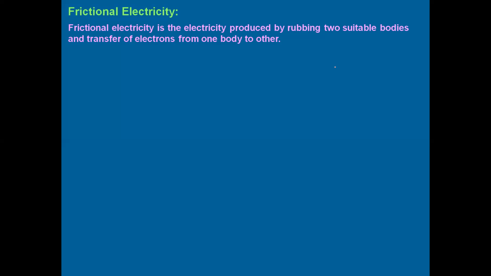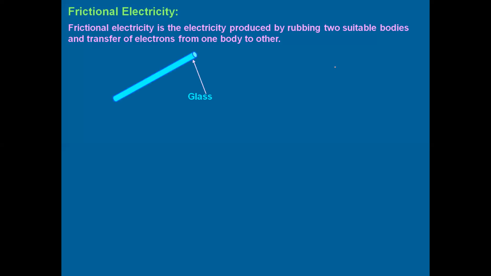Electrons are negatively charged and protons are positively charged. When a body is losing electrons, it becomes positively charged, and if a body is gaining electrons, it develops a negative charge. Now, let us look into frictional electricity produced when two objects are rubbed against each other.